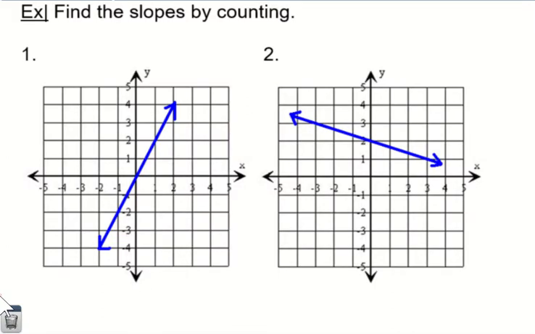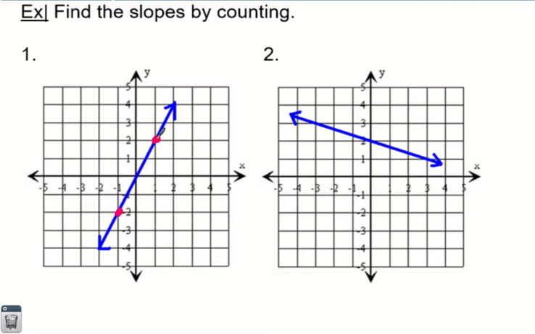Let's see some examples of that. Find the slopes by counting. Well, first we need to pick some nice points to count from and to end at, okay? So I see this as a nice intersection spot, and maybe that as a nice intersection spot.